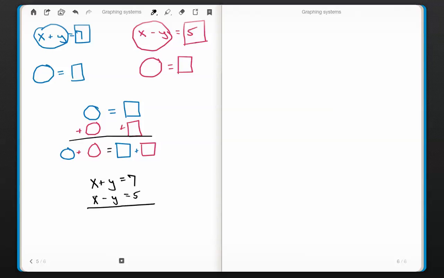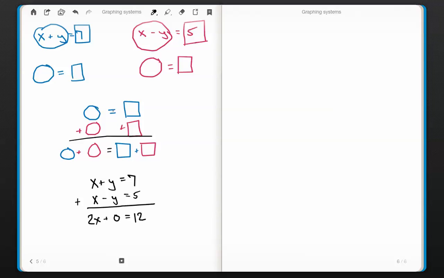Well, what's x plus x? 2x. What's y plus negative y? A positive y plus a negative y equals 0. And what's 7 plus 5? 7 plus 5 is 12.